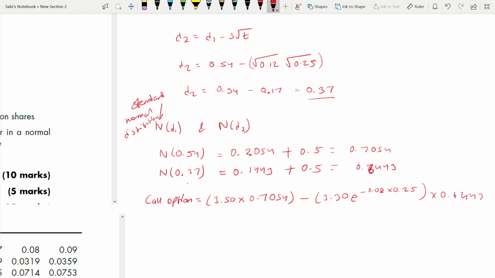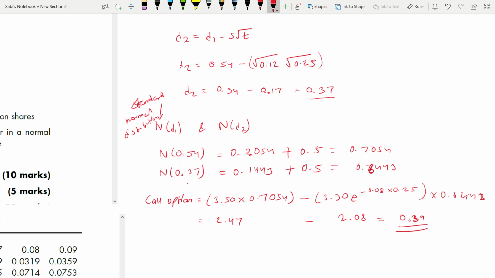First you have to solve the entire equation, solve inside the bracket, and then multiply by 0.6443. So it is 2.47 minus 2.08. It will be equal to 0.39. That's it. This is the value of the call option.